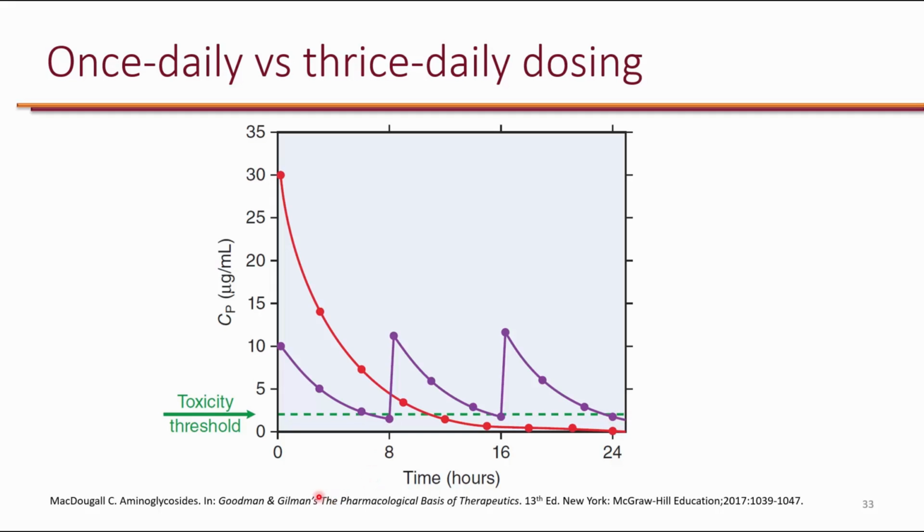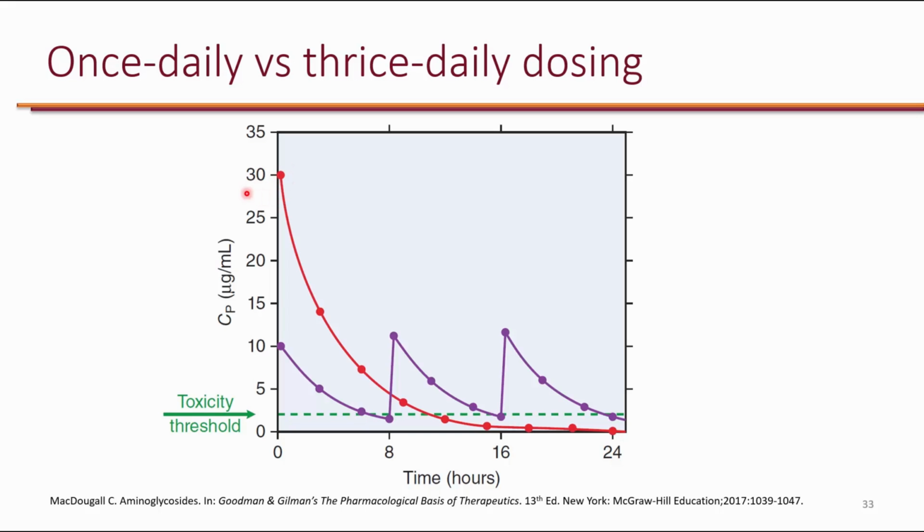Also keep in mind that aminoglycosides have a post-antibiotic effect, meaning that once the level goes below the MIC, the antibiotic continues to kill for up to 7 or 8 hours. So we can actually take advantage of that. That led to the concept of once daily high dose extended interval dosing. Basically the red line shows that if you give a very high dose of aminoglycoside, you're going to get a very large peak and that gives you efficacy.